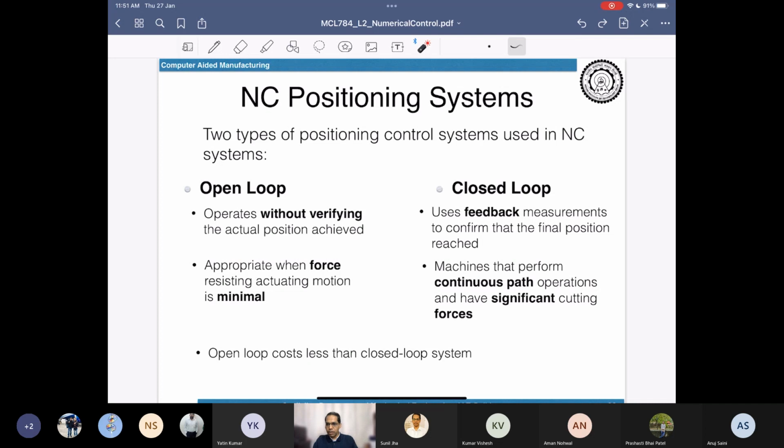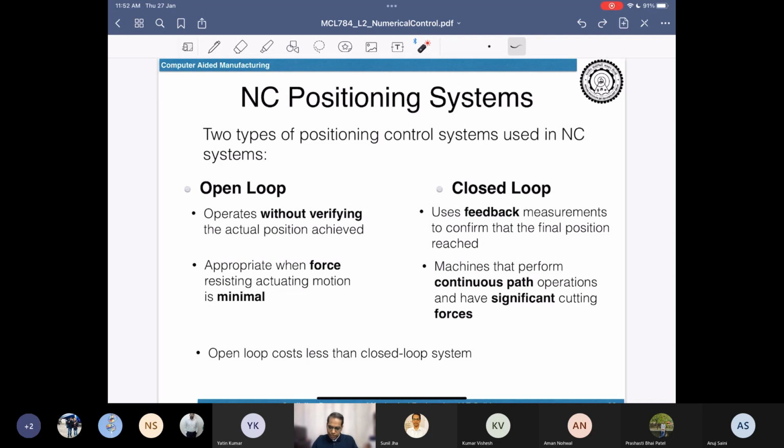A very good example of open loop control is your 3D printers these days. 3D printers mostly come with open loop configurations, implemented with stepper motors only, without feedback. But let's try to understand where these scenarios are important.